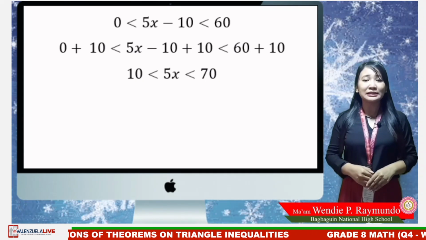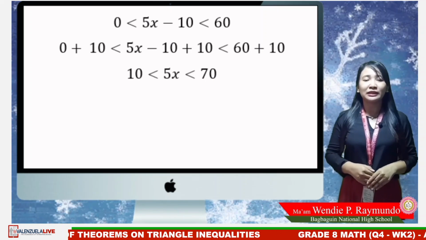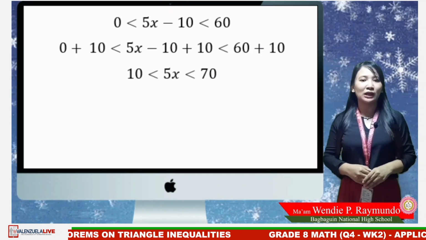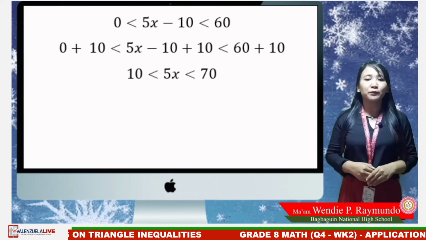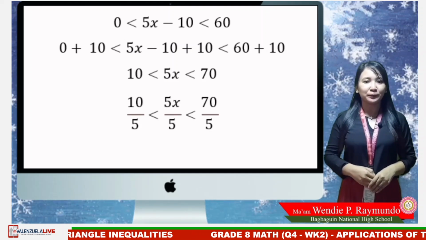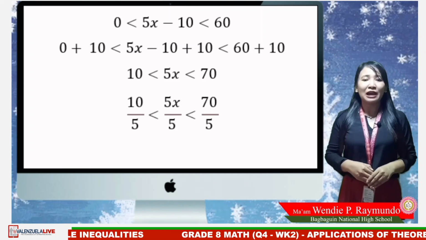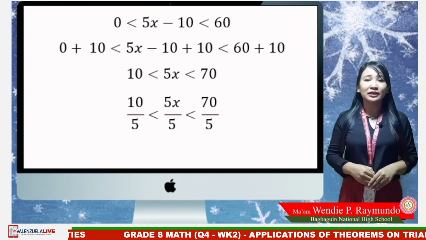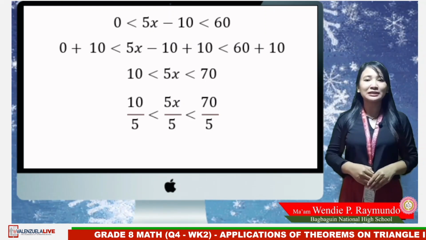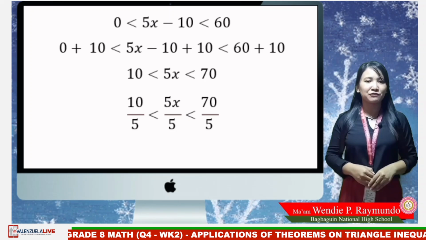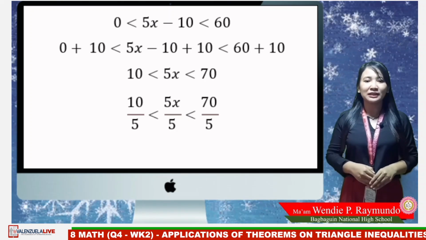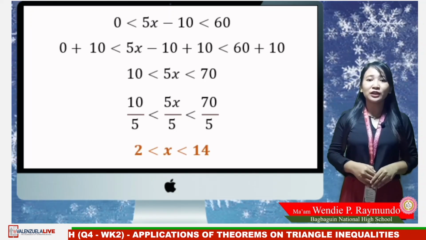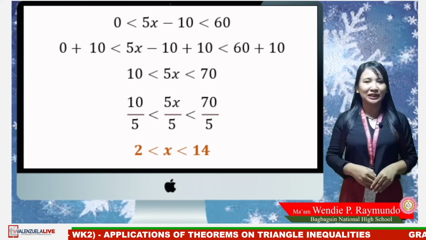To solve for x, we will apply the division property of inequality. We will divide both sides by 5. We have 5x over 5 is greater than 10 over 5 but less than 70 over 5. And x is greater than 2 but less than 14.